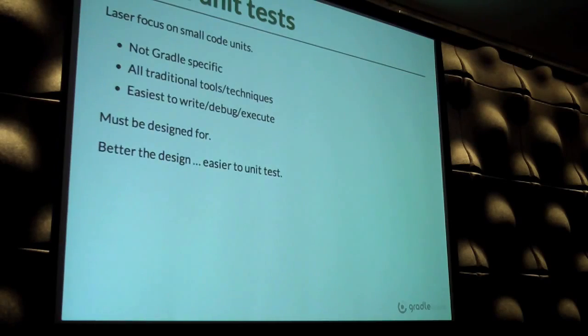But the thing is, we could only do this because we structured our code in such a way where most of it was separate from Gradle. That's the key thing. I see in a lot of plugins really, really large plugin classes and really large task classes where all the logic is buried in there. It means that you can only unit test it with something like Project Builder and you need all this extra stuff. So isolation.